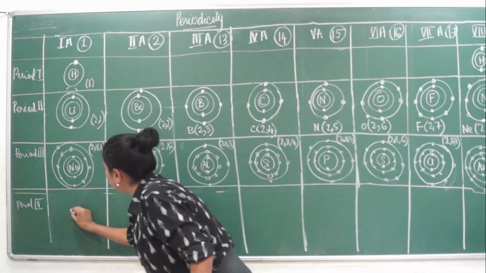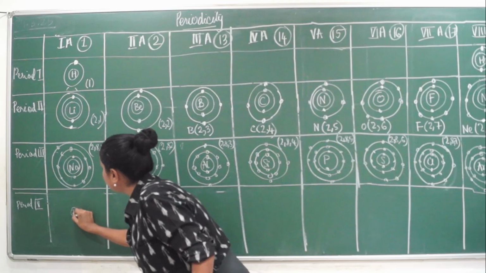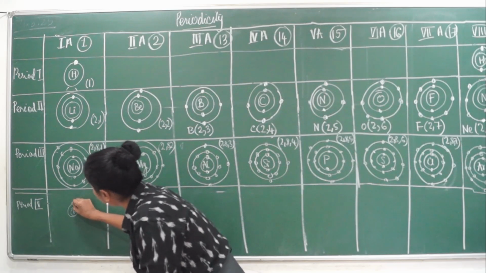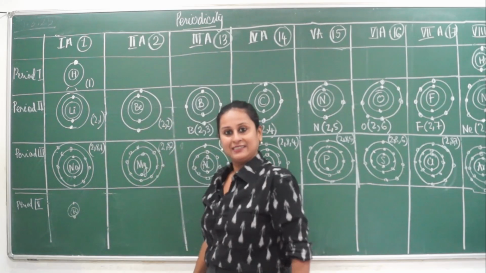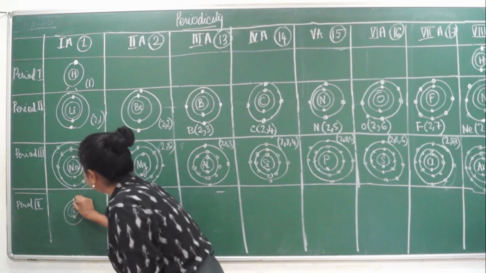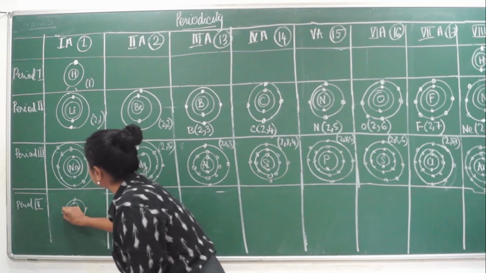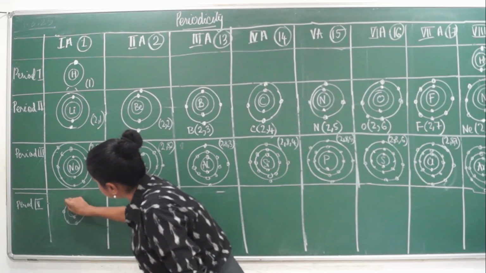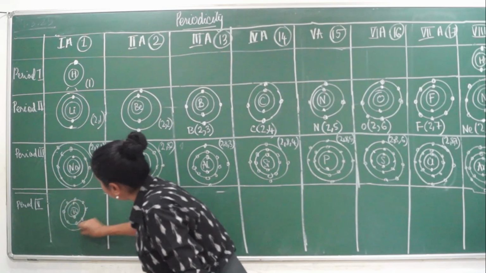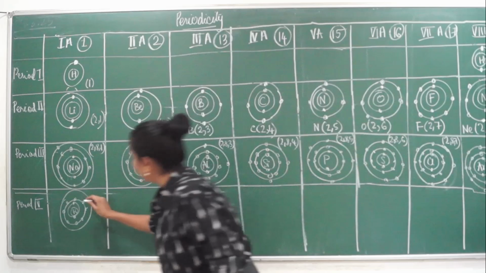So the first shell of potassium will have 2 electrons. The second shell will have 8 electrons. The third shell will also have 8 electrons.